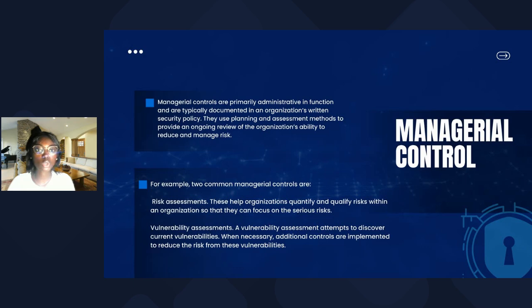And it will help organizations focus on, okay, these are the serious risks within our organization, and these are the ways we can manage them and focus on them, right? You can see that at the managerial level, most of their role is mainly administrative controls and functions, right?